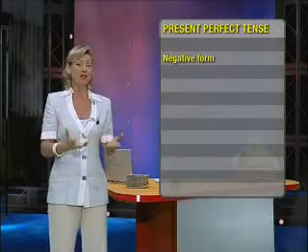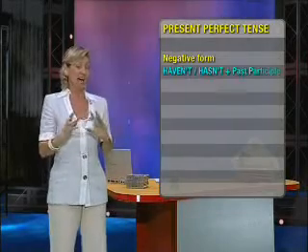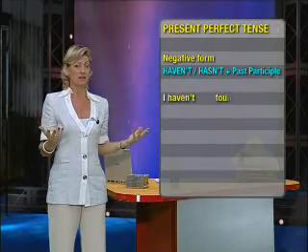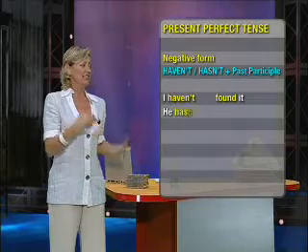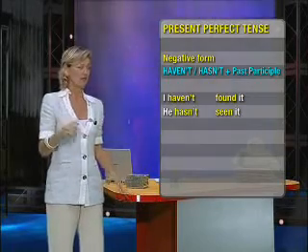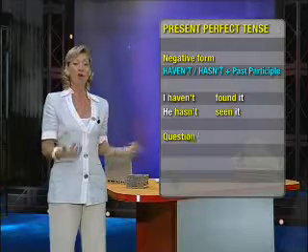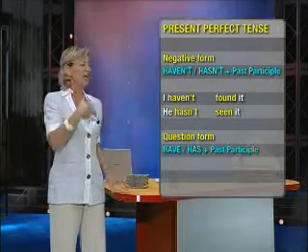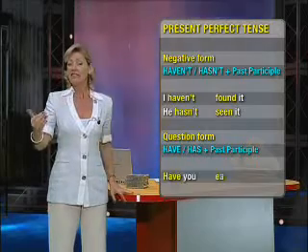Negative form is easy. The auxiliary goes into the negative, haven't or hasn't. Look at the examples. I haven't found it. And he hasn't seen it. See, saw, seen, past participle. Okay? Question form, you invert the auxiliary and the subject, as always. So, have you eaten?